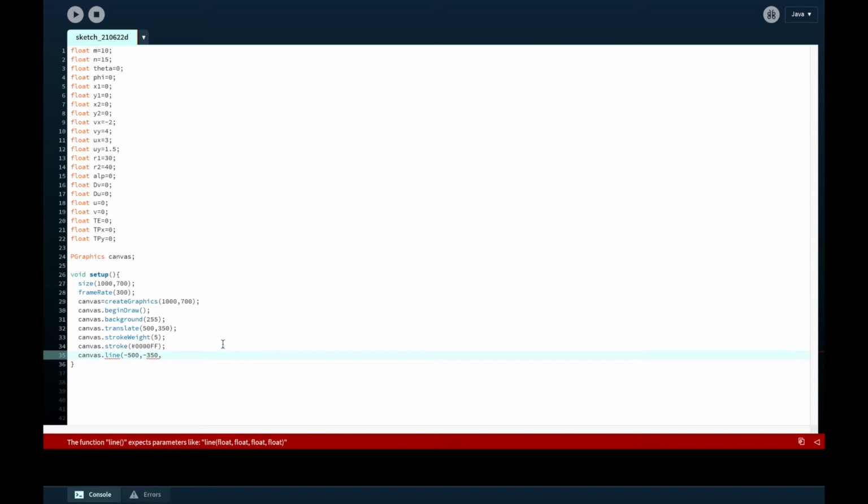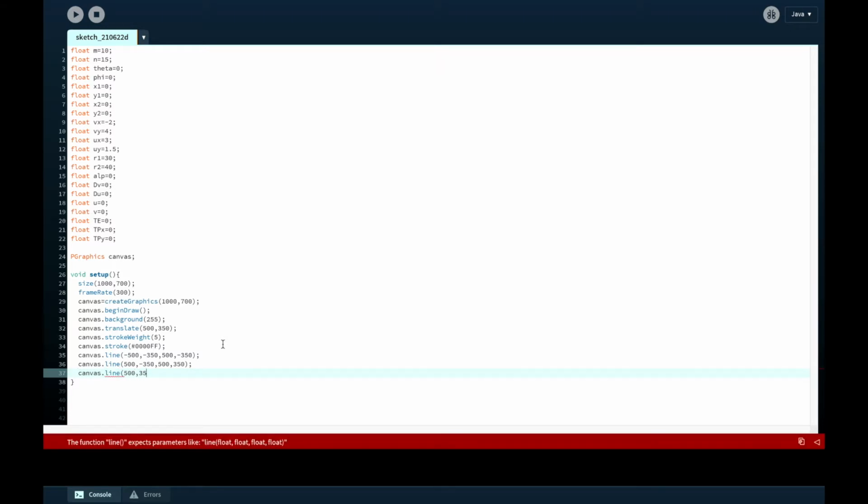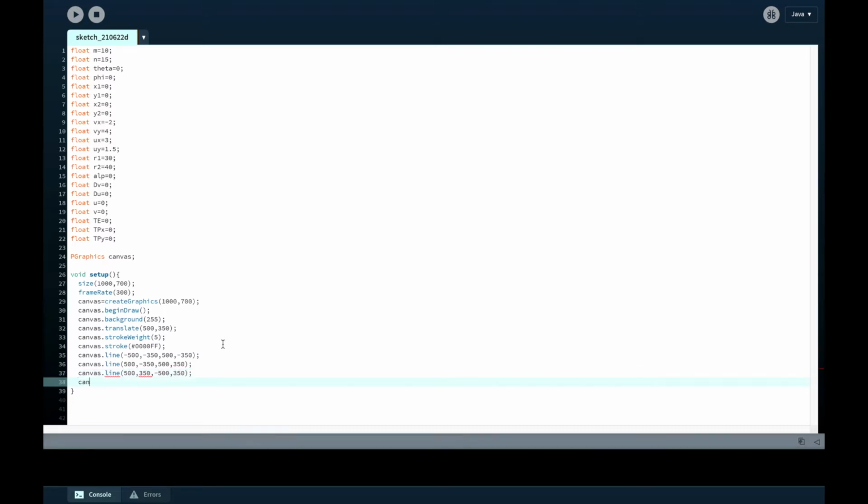So this is the top left corner, and to the top right corner, and then from the top right corner to the bottom right corner, and then from the bottom right corner to the bottom left corner, and then finally from the bottom left corner to the top left corner.